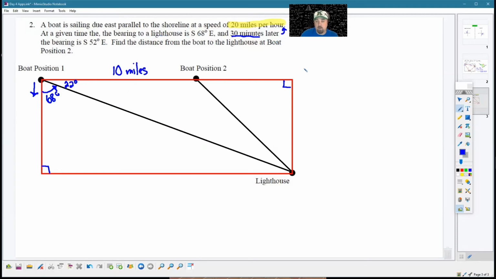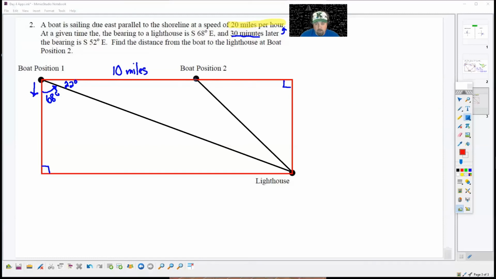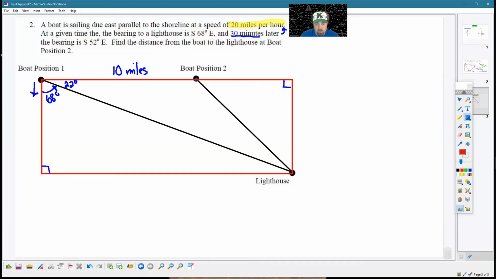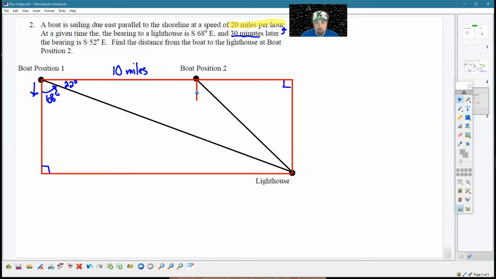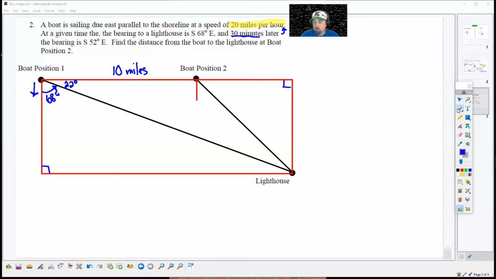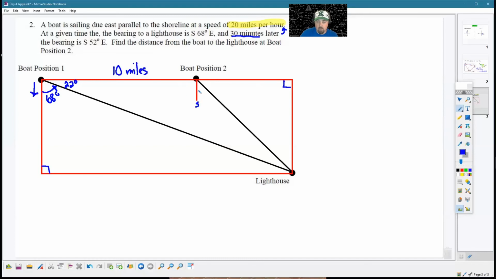At this second spot, this one's a little bit different. So we've got to be a little careful here. The second spot, our bearing is south 52 degrees to the east. South is this way for this spot. And that 52 degrees is towards the east. So we're looking down here at south. So we know that this angle right in here is 52 degrees.